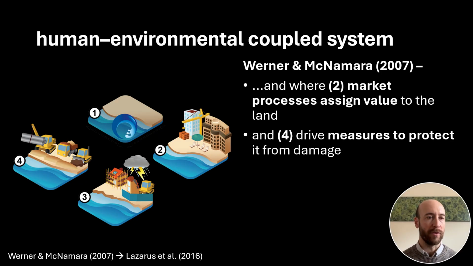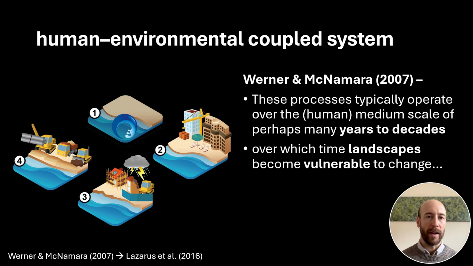So that's beach nourishment, that's seawalls, that's all kinds of things that might result in coastal engineering works at the beach to protect that built environment from subsequent damage events.